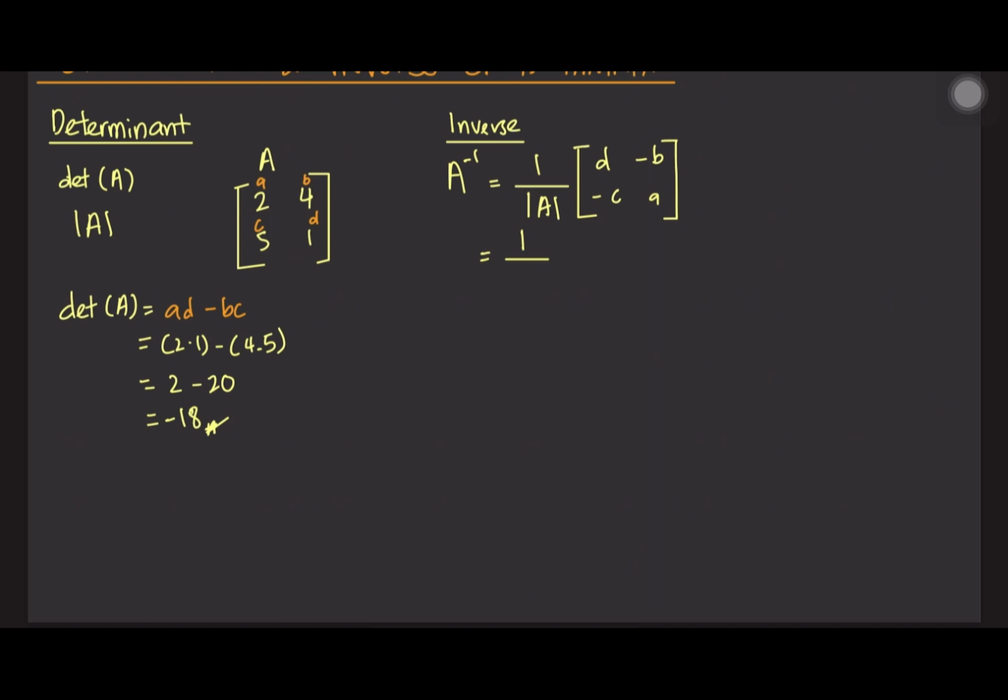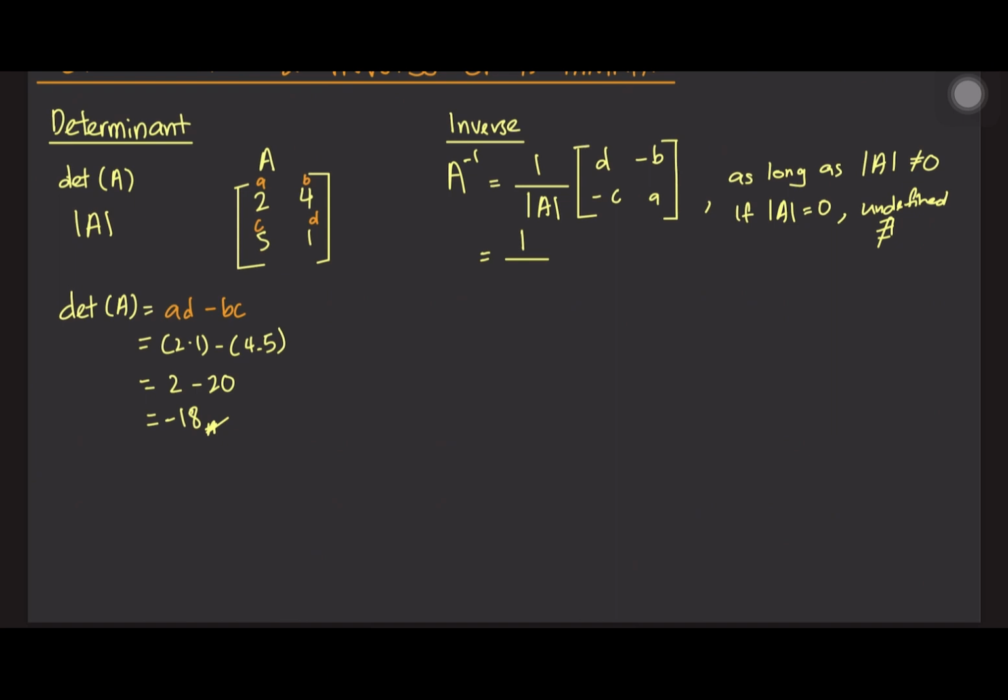First, before we go into that, we must understand that this holds true as long as determinant of A does not equal 0. After all, you can't divide 1 over 0. So if determinant of A equals 0, then it is undefined, or you can say it does not exist.